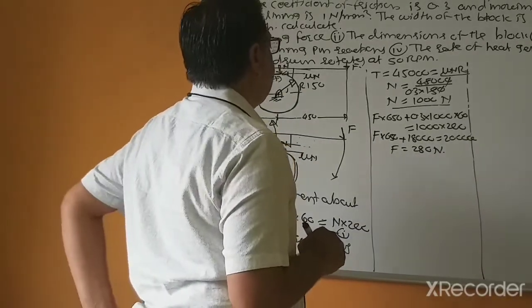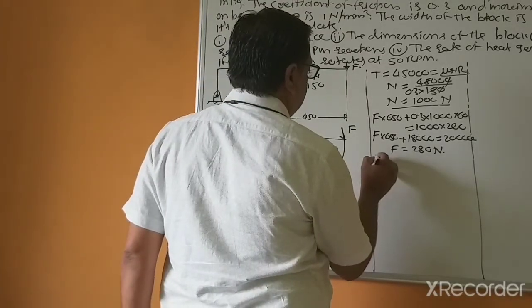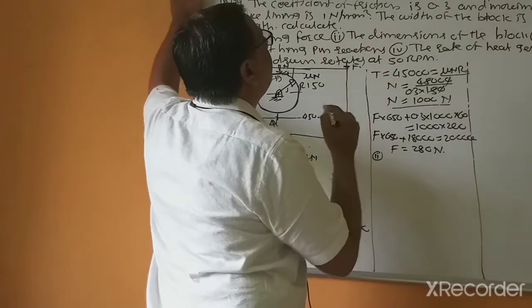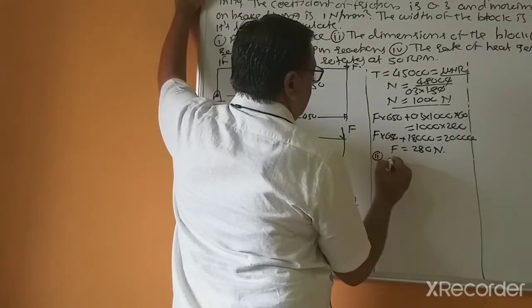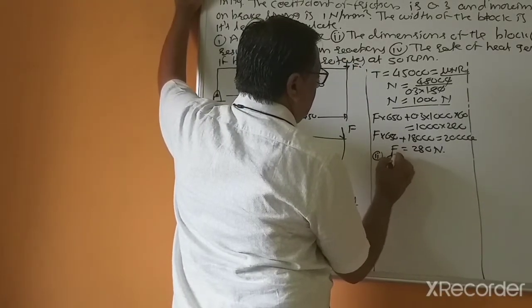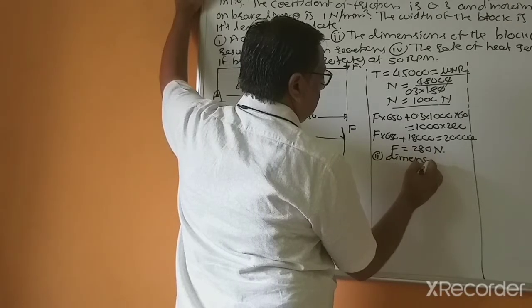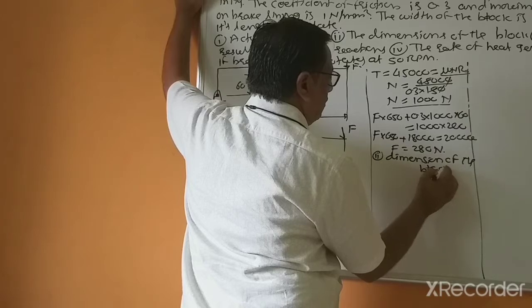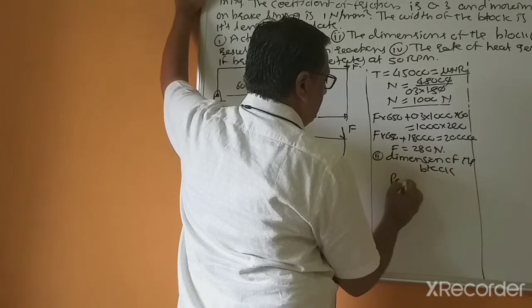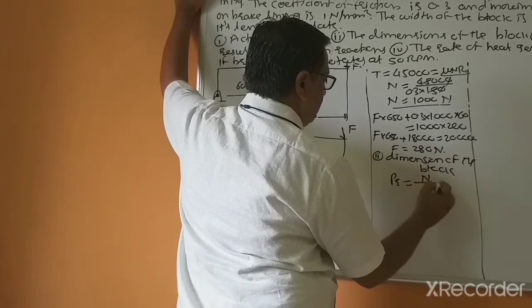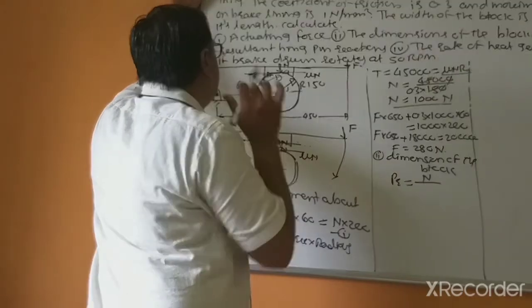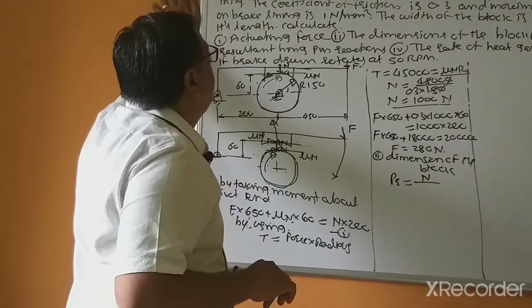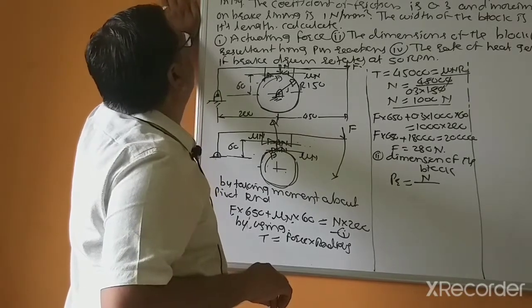Now the second bit, the dimensions of the block. Here pressure is given, and pressure equals force divided by area, 1 Newton per mm square.